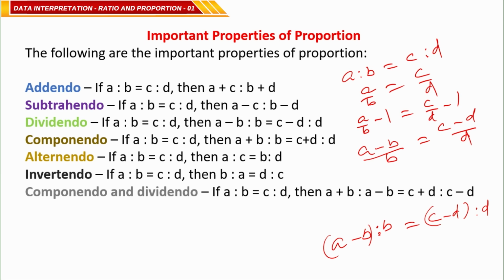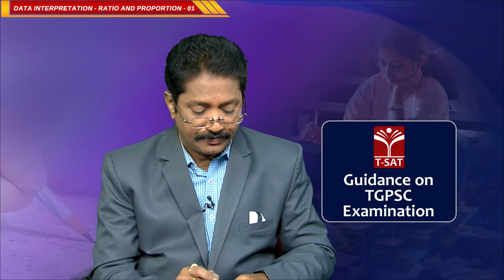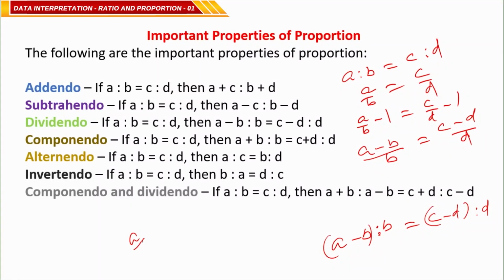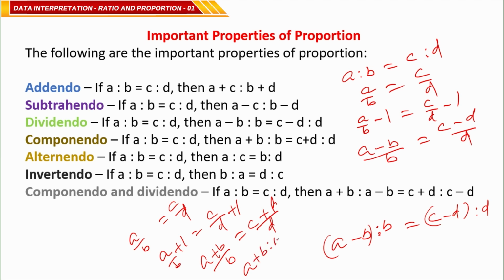Componendo means you have to add 1 to it. A by B is equal to C by D, add 1 to it: A by B plus 1 equals C by D plus 1, meaning A plus B by B is equal to C plus D by D, or A plus B is to B is equal to C plus D is to D. That is it, clear.